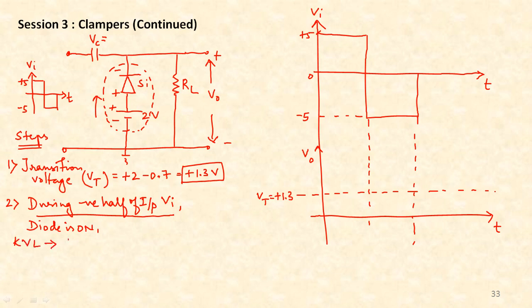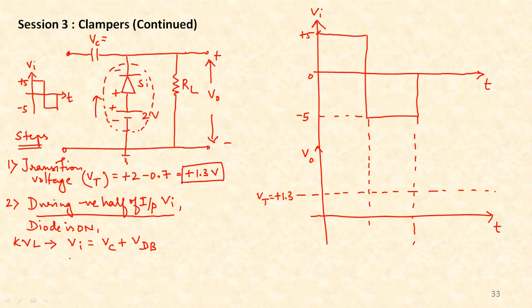Applying KVL, what do we get? Input voltage Vi must be equal to the drop across the capacitor C plus the drop across the conducting path. Now the conducting path is the diode itself, the path which consists of the diode as well as the battery. So it is VDB. Let me again tell you the nomenclature. V is the voltage, D stands for diode and the combination of the battery, so B is for battery, D is for diode.